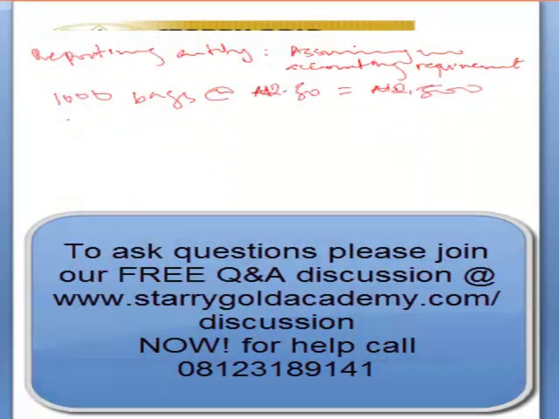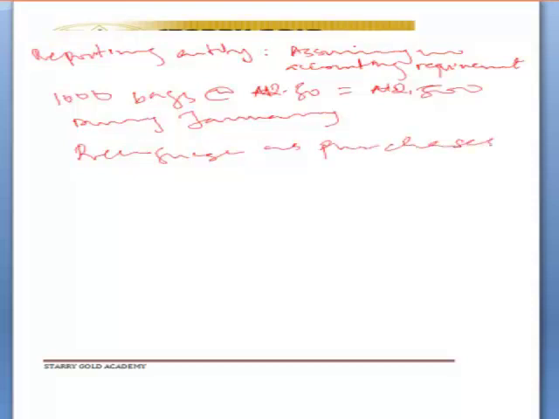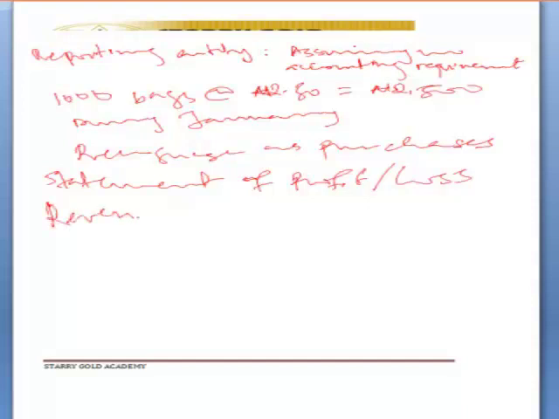Now he bought this during January, and his practice would have been to recognize this as purchases. So when he is going to prepare a statement of profit or loss, he is going to recognize what we call revenue. He knows he has sold a portion of it in the financial period.